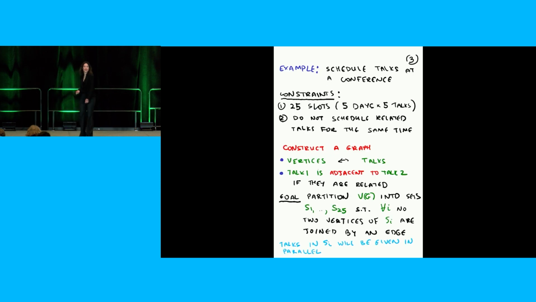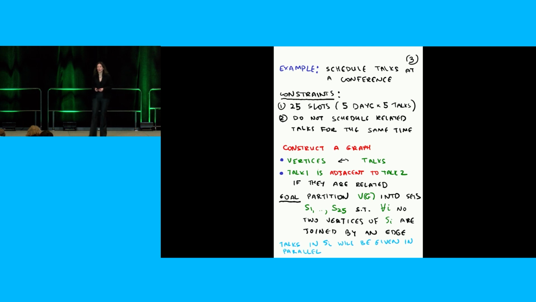So now let's do an example in a little more detail. And so that's an example that we can all relate to. You have a conference, and you need to make a schedule, and you have constraints. The constraints are simpler than what we have here. So it's a 5-day conference, and you can only have 5 talks a day because, I don't know, that's how many talks I can hear a day.